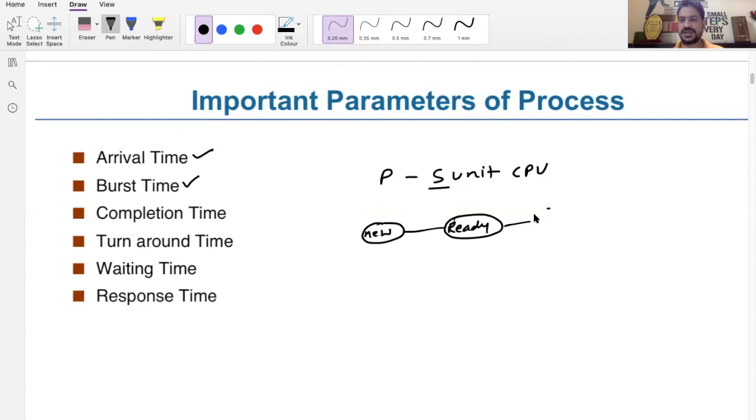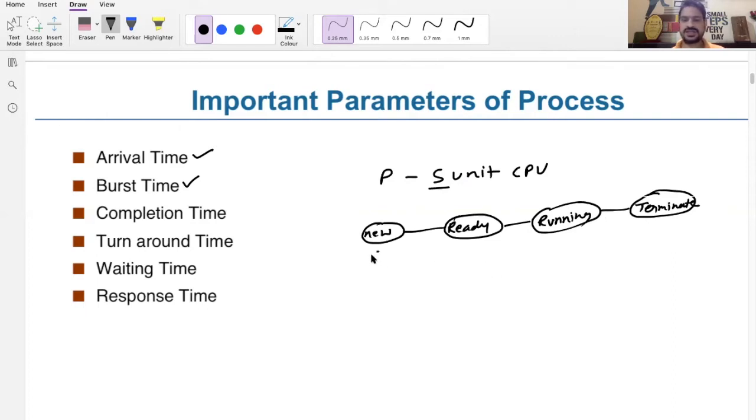From the ready state, the process will go to the running state, which means it is allocated the CPU, and then the process will be terminated after running its instructions.